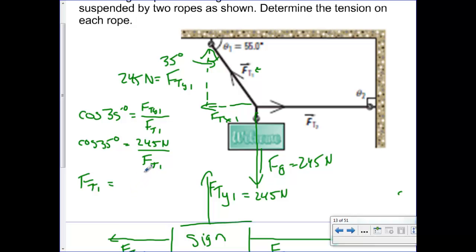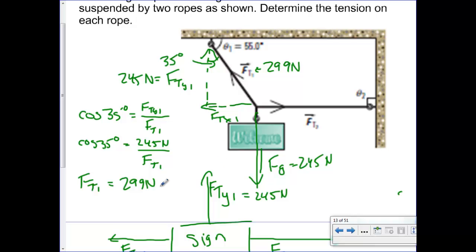I got 299. So that means that this guy is at 299 newtons right here. So at the angle it's at, it's pulling at 299 newtons. Some of that force tension is pulling up at 245 newtons, but some of it is pulling outward.